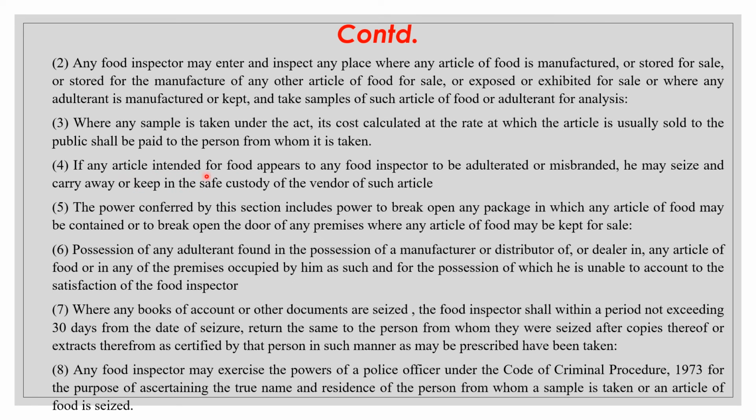If any article is intended for food, okay, if there is information about adulteration or misbranding to the food inspector, then those food articles may be kept in the safe custody of the vendor of such article.